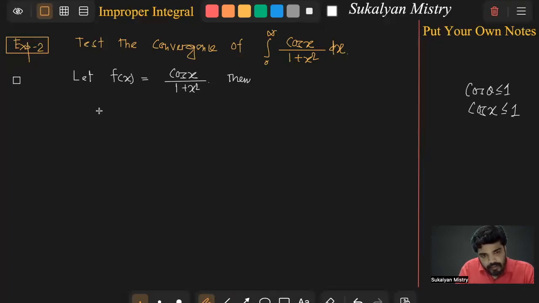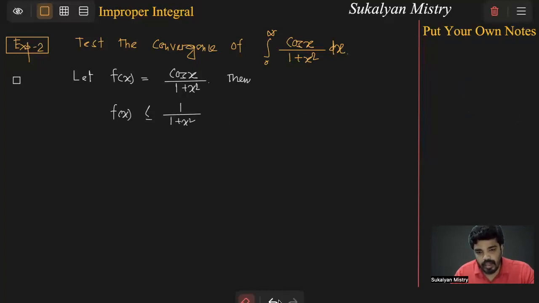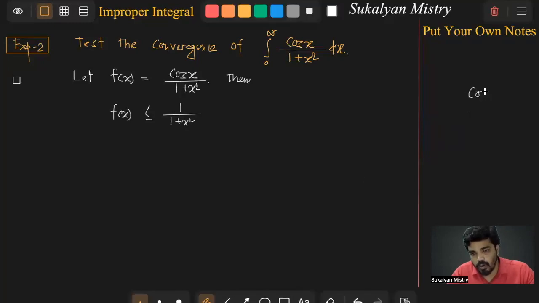Then f(x) is less than or equal to 1 by 1 plus x squared. Why? Because we know that cos x is less than or equal to 1 for all x belonging to 0 to infinity.